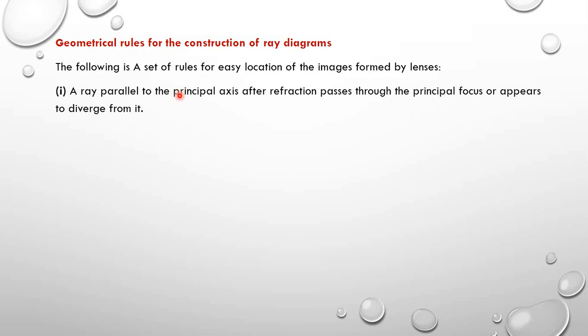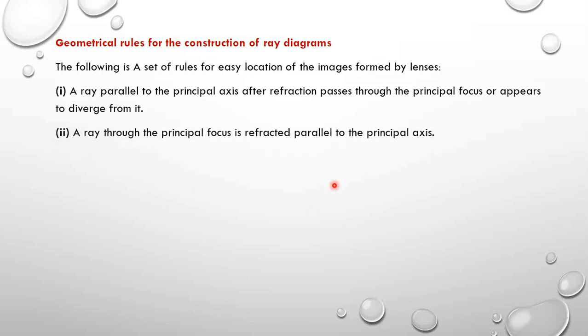That is in the case of a convex, in the case of a concave lens. And then also we have the second, is that a ray passing through the principal focus is refracted parallel to the principal axis.